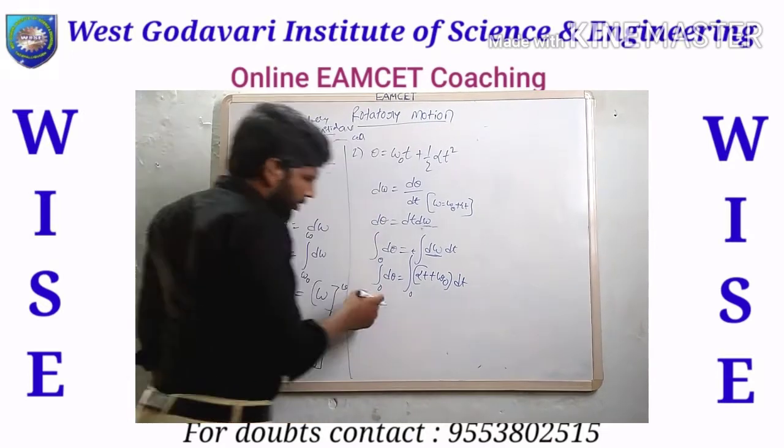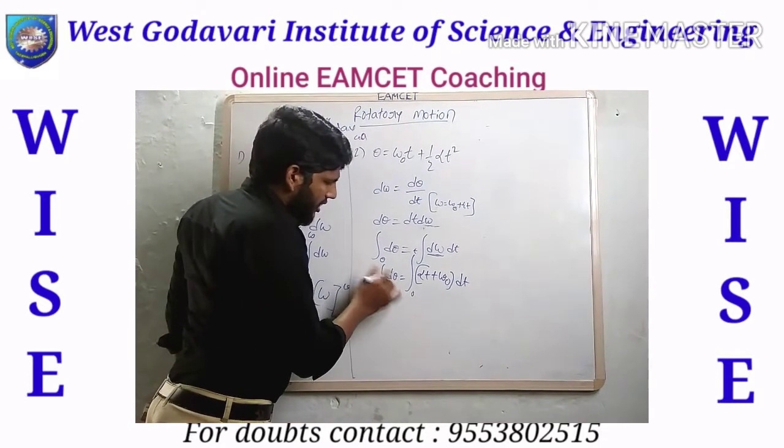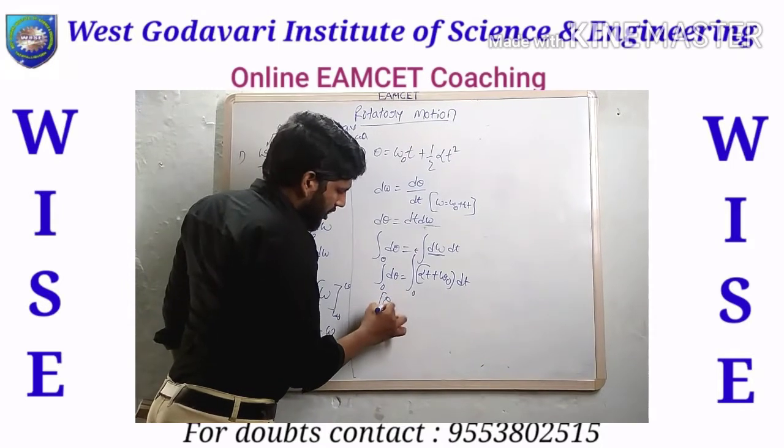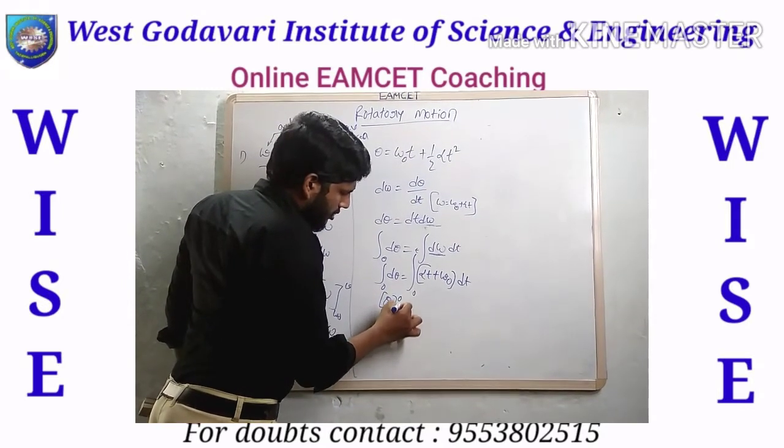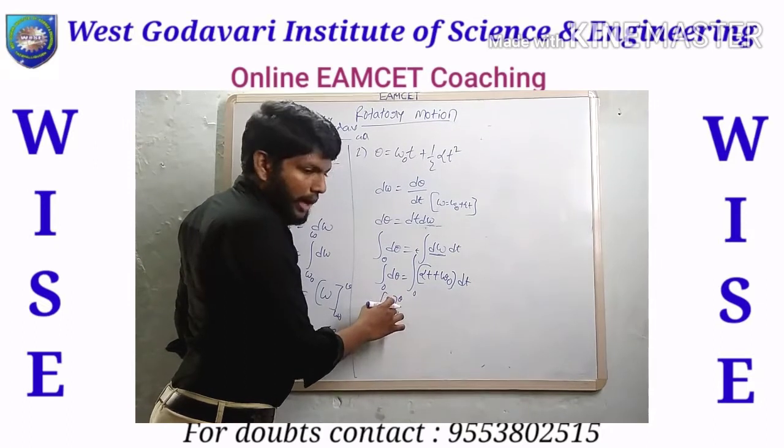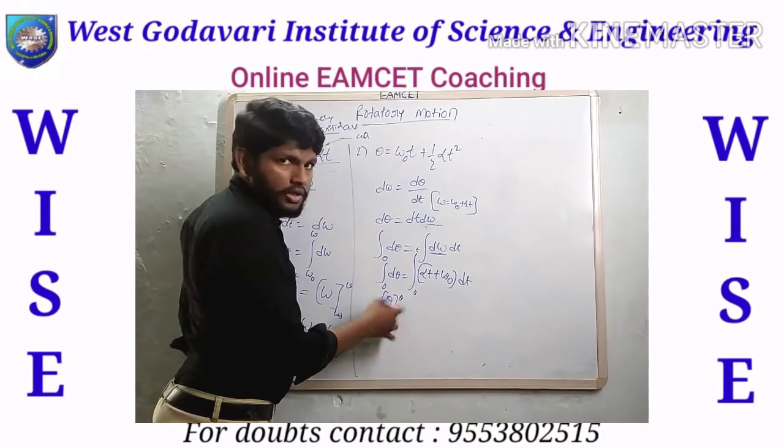Now integrate on both sides. Integral d theta with the limits 0 to theta gives the upper limit minus the lower limit, theta minus 0, simply theta.